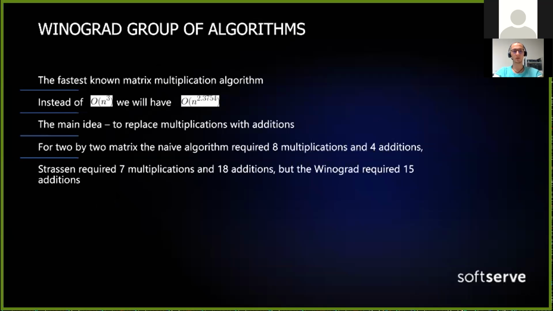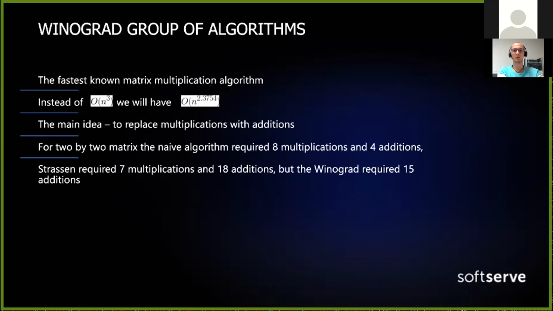And as you can see on the slide, for 2 by 2 matrices, the naive algorithm requires 8 multiplications and 4 additions. Strassen version of this algorithm requires 7 multiplications and 18 additions, but Vinogradov required 15 additions. So for small matrices, you use only addition without multiplication operation to multiply matrices.